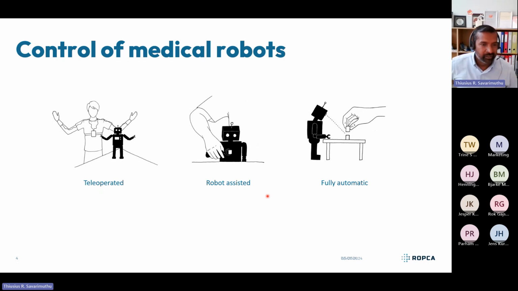So there are many different ways to categorize medical robots and control of these robots. You can have a look at the way they are optimized and the way they interact and so on. One way that for me makes sense is to have a look at how do we actually control the robot?